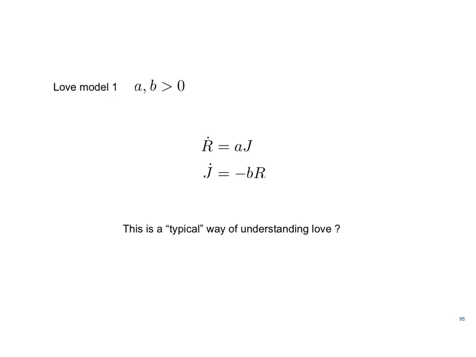The first thing is, this is a typical way of understanding love. This kind of equation is something that, at least in our teenage years, we see constantly, and I hate it when it happens. Just go and see what it means. If this is positive, this increases.